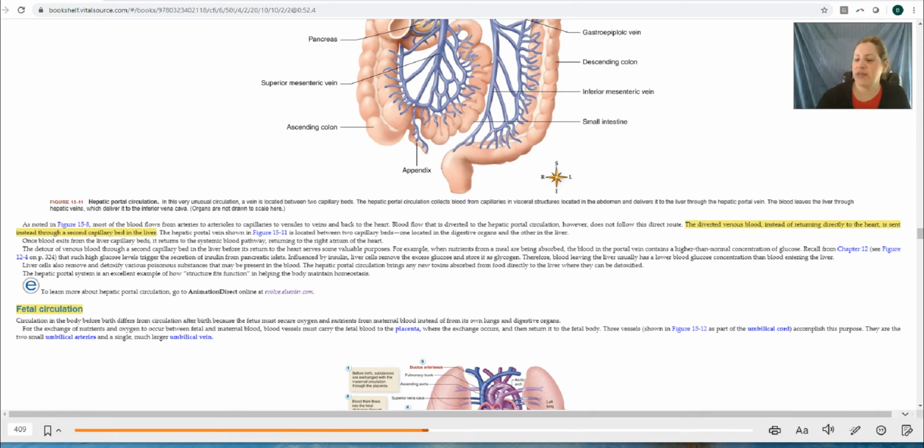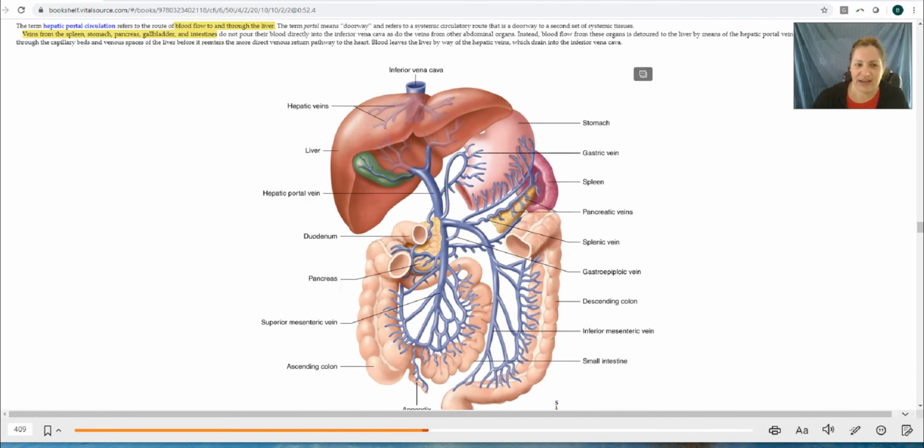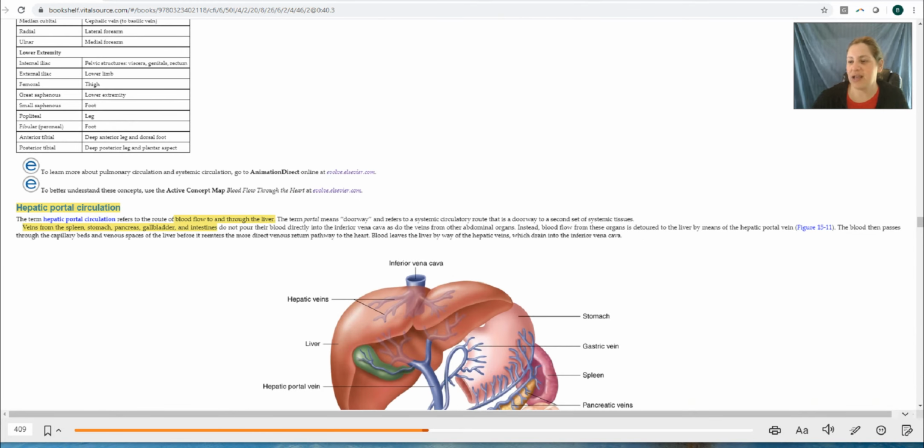So we divert this blood to the liver to be cleaned a second time, so that hopefully when it leaves the liver, it's cleaner than when it went in. And it is, because that's how the system works. Okay? So you'll need to know why it does this, how it does this, and what digestive organs it does this for.